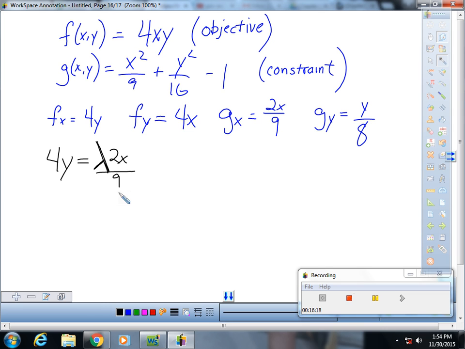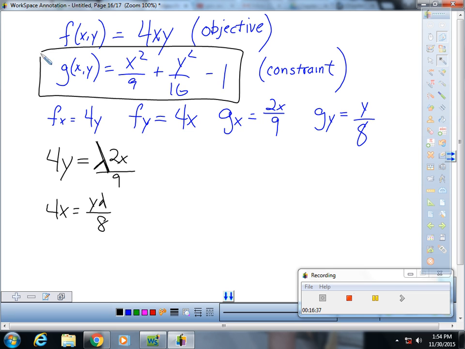What's my next equation? 4x equals y lambda over 8. And then my final equation goes back to x squared over 9 plus y squared over 16 equals 1. That has to be true because that's our constraint. You guys following?